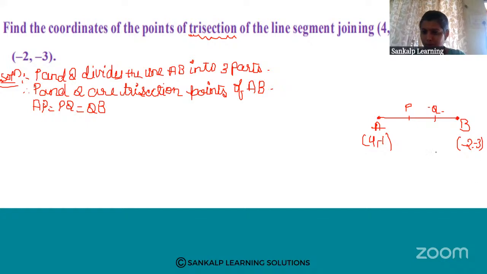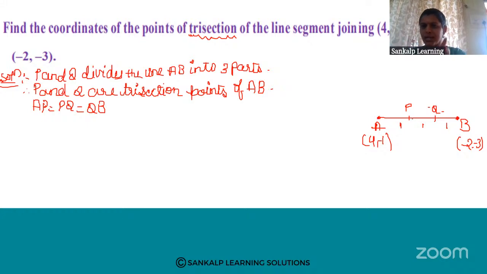Now consider point P. Forget about Q. First consider P. This P divides the line AB in the ratio 1:2. Why 1:2? See, this is one part, this is one part, this is one part, so the whole line is 1 plus 1 plus 1, that is 3.